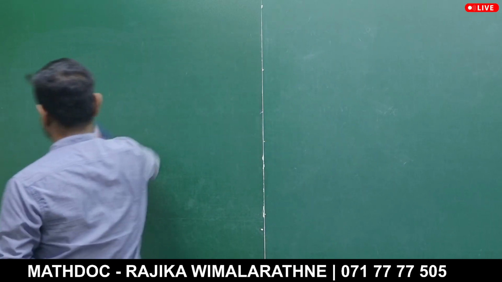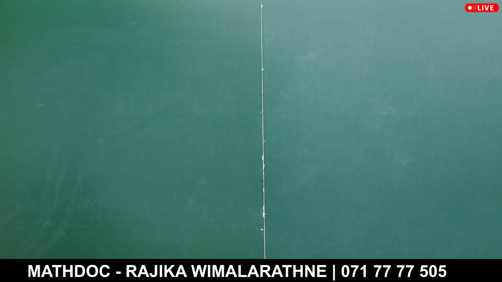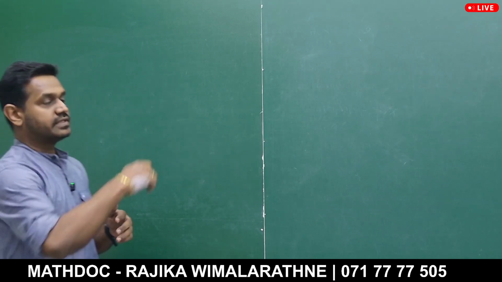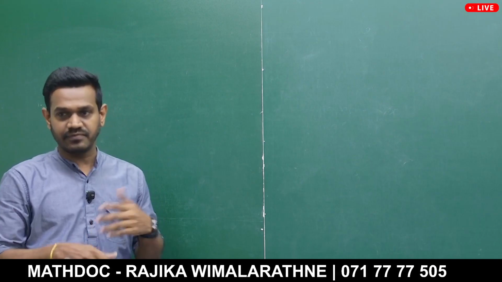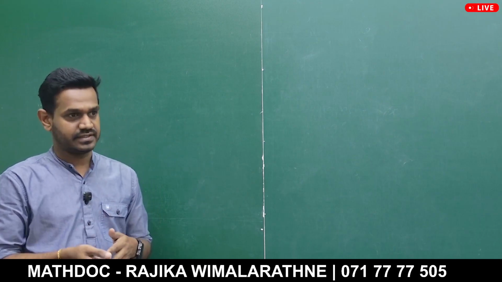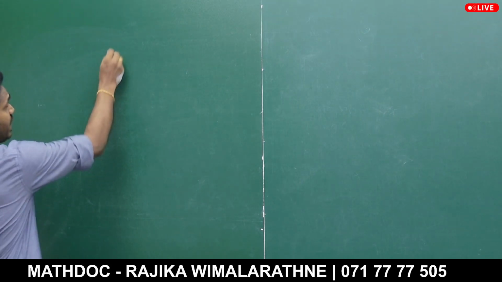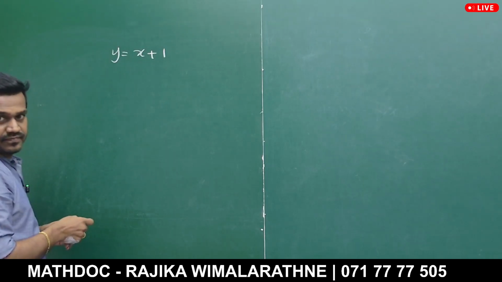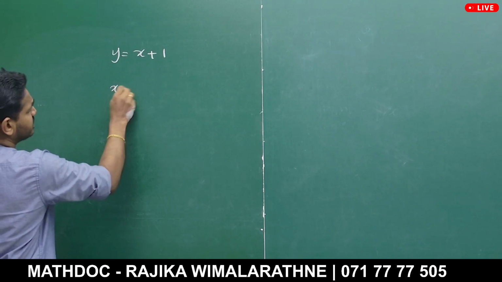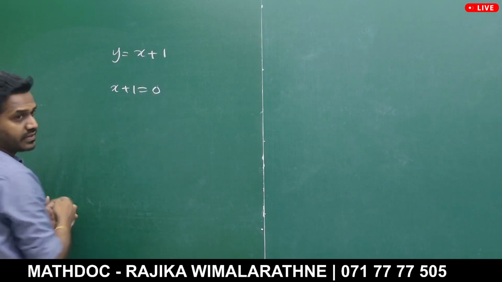Now further, you see, sometimes we see some relations or some expressions. You have seen y equals x plus 1, no? You have seen x plus 1 equals 0, no?